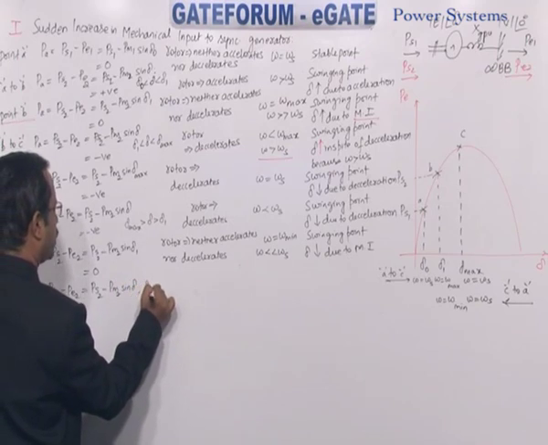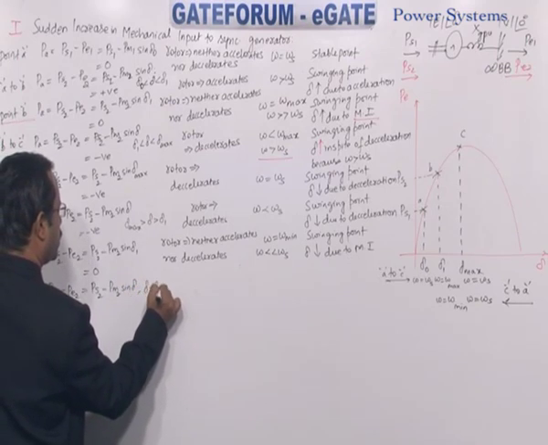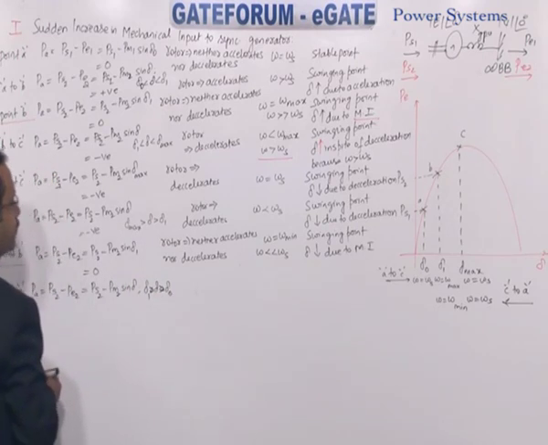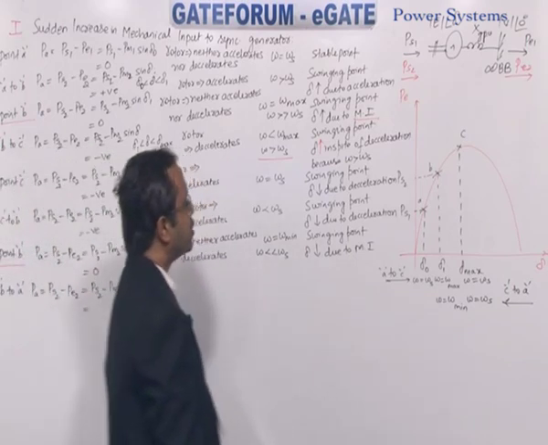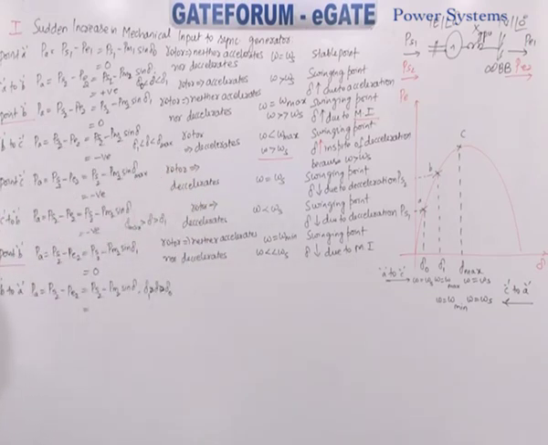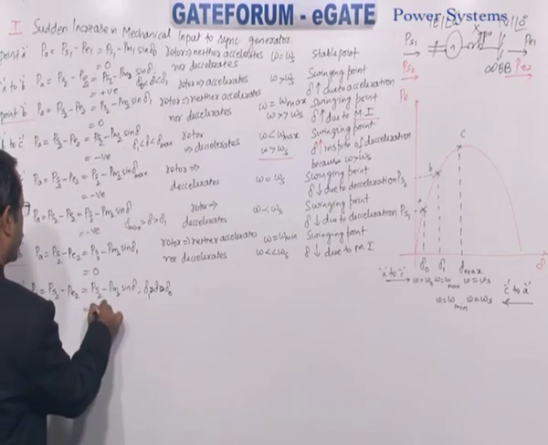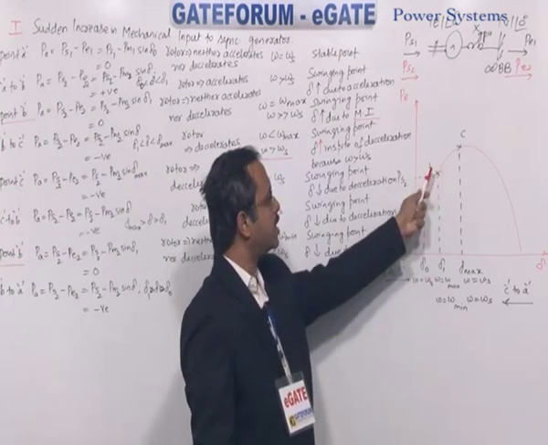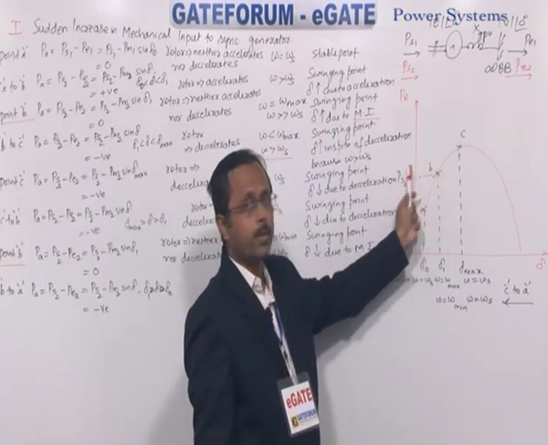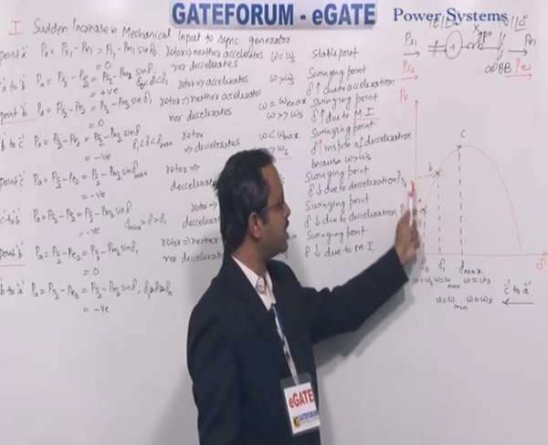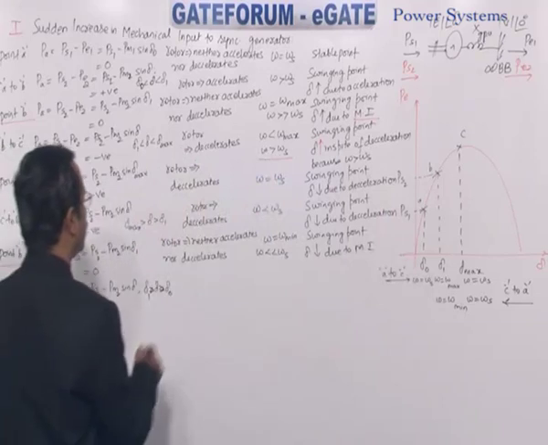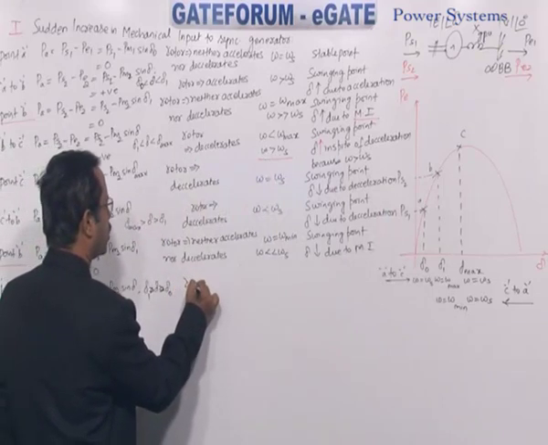What is the range of delta? Between delta naught and delta 1. So what about this difference now? You check this difference. It is negative. Here the electrical output is much lesser than the mechanical input. So PA is negative. PA negative means what about the rotor now?